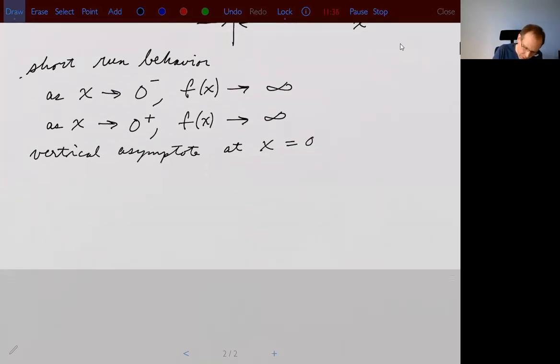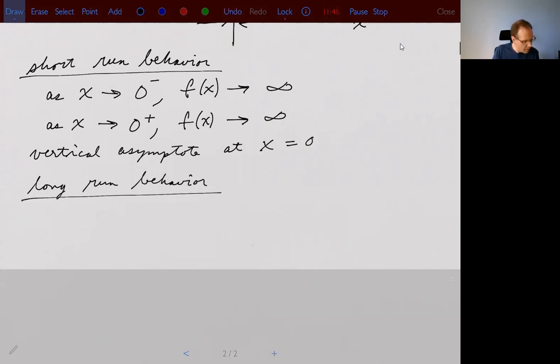Okay, now long run behavior. So that was short run behavior. So now long run behavior. So as x approaches negative infinity, so as the input gets smaller and smaller and smaller, what happens with the function? And then as x approaches positive infinity, so as the input gets larger and larger and larger, what happens to the function?